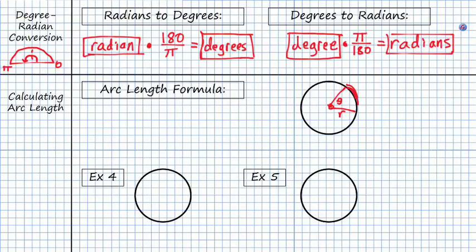If I'm trying to find the actual distance from here to here, that actual distance s, I have a handy little formula. So s, the arc length, is equal to the radius times the central angle measure in radians.